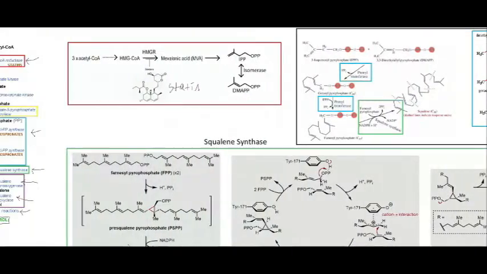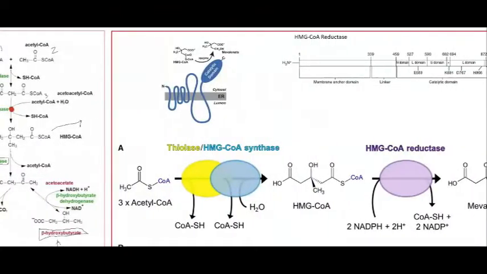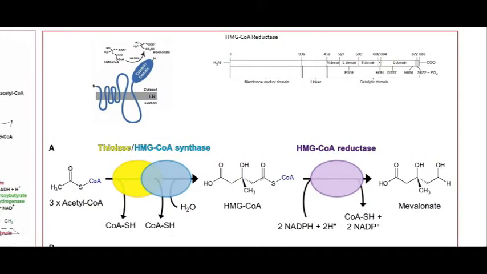And so then the next step was our Hmg-CoA reductase, which is over here. And so Hmg-CoA reductase, because it is such a highly regulated enzyme, and because statins are used to inhibit this, this is a very highly studied enzyme.